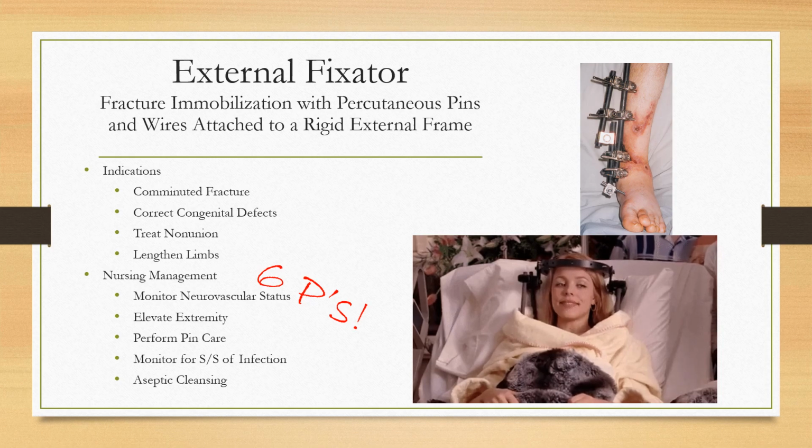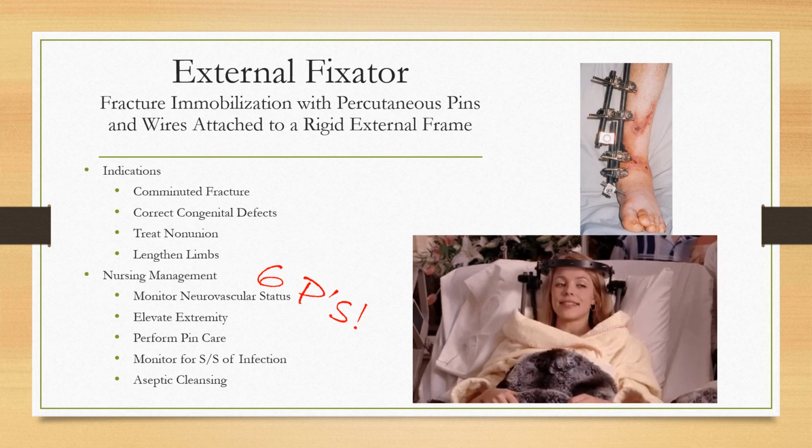So you can see one on the lower limb there, and you can see an external fixator for a neck fracture in the lower image. Okay. So when are external fixators used? Again, I'm going to mention that they're used less commonly now compared to internal fixation.